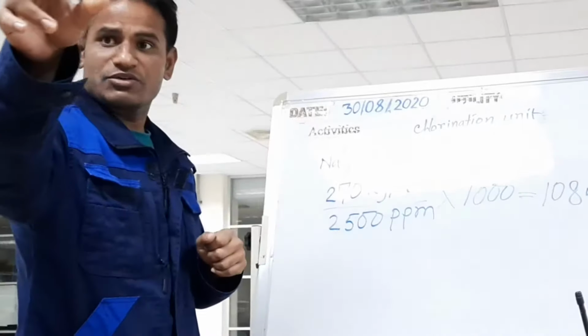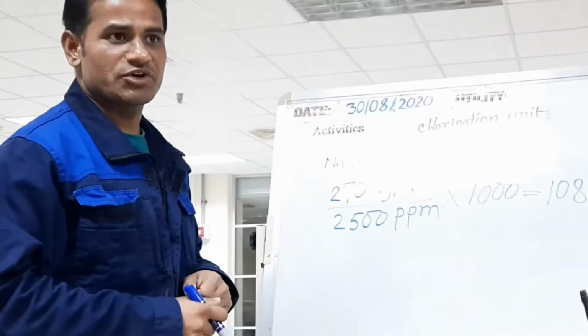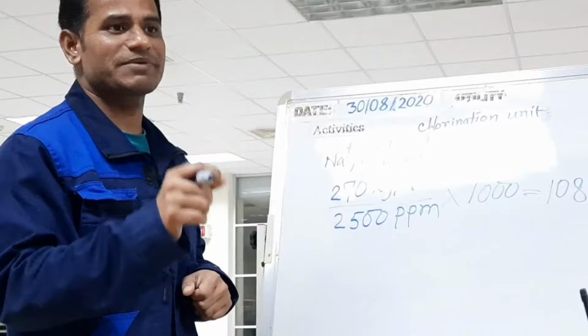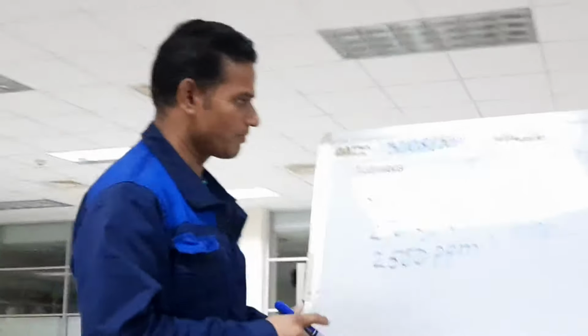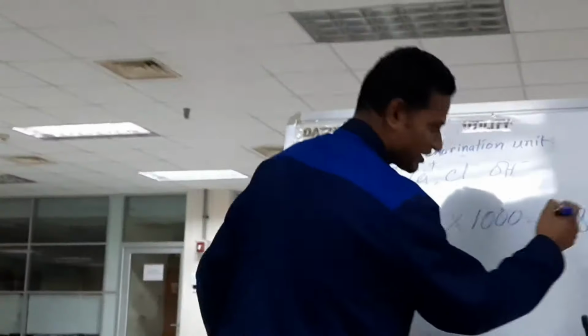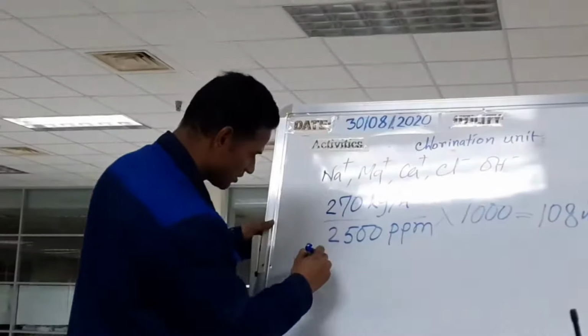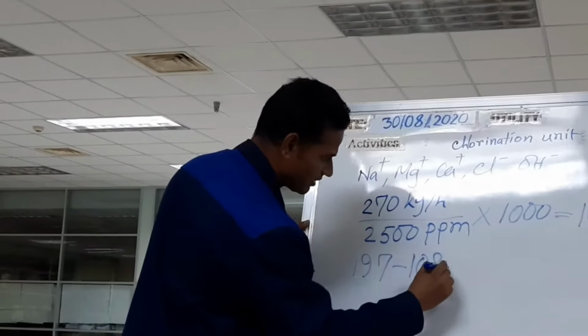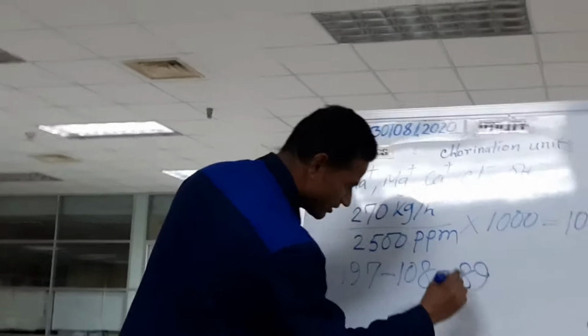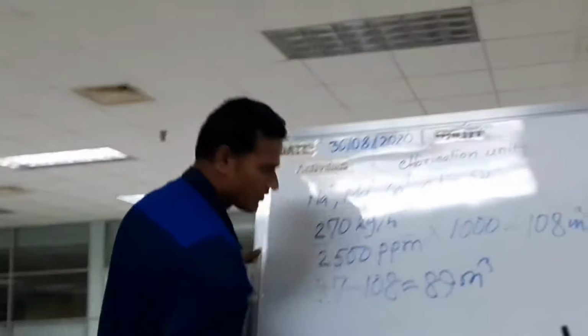In our chlorination unit, the hypochlorite generator design capacity is 197 meter cube. But we already get 108 meter cube. So how much is remaining? 197 minus 108 is 89 meter cube. This is the rest.